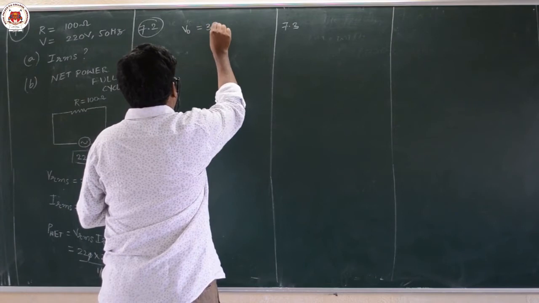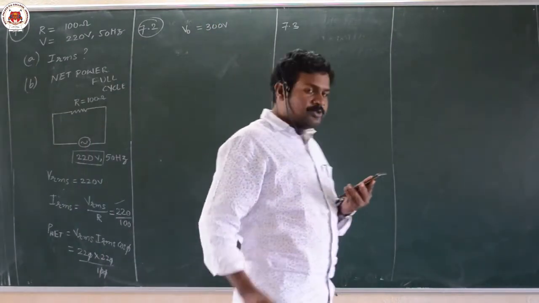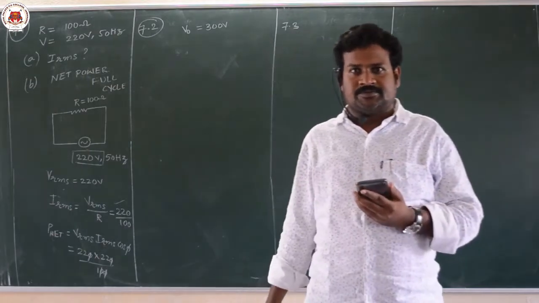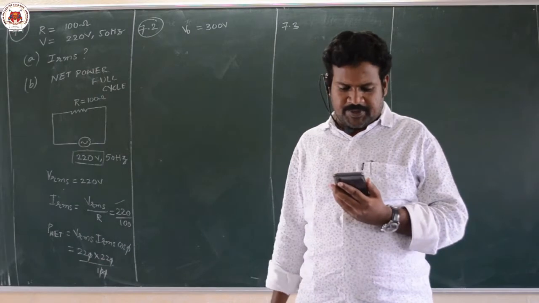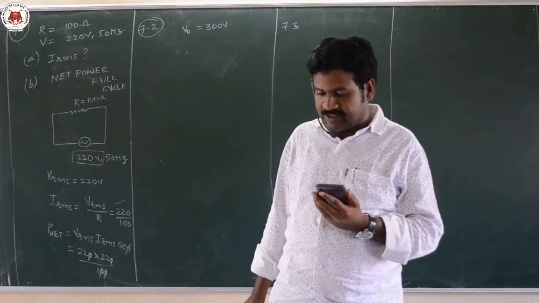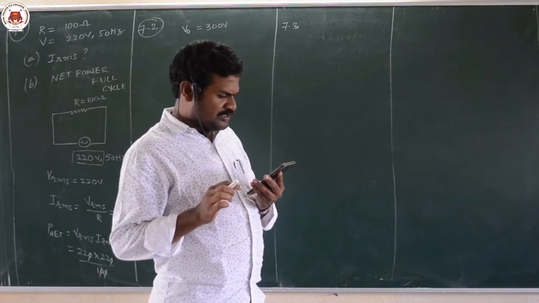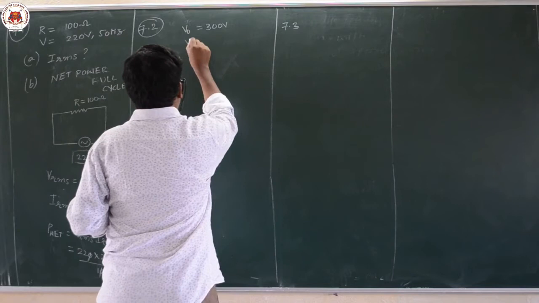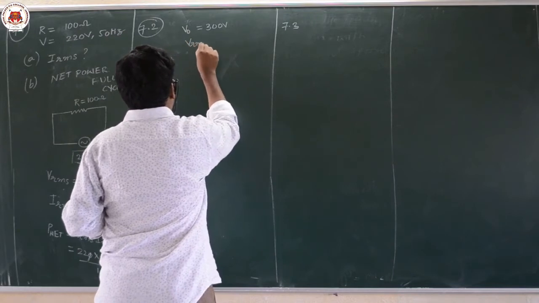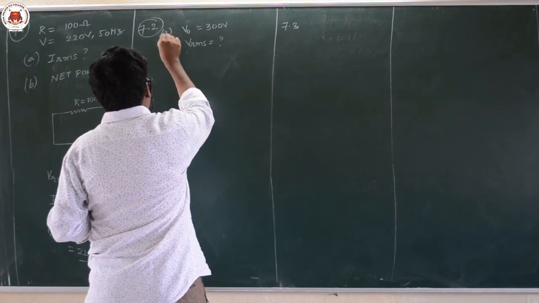You can open your textbook and just follow the number, and I will be reading the question also. The peak voltage of an AC supply is 300 volts. What is the RMS voltage? Peak voltage is given, it is asking VRMS. This is question A.